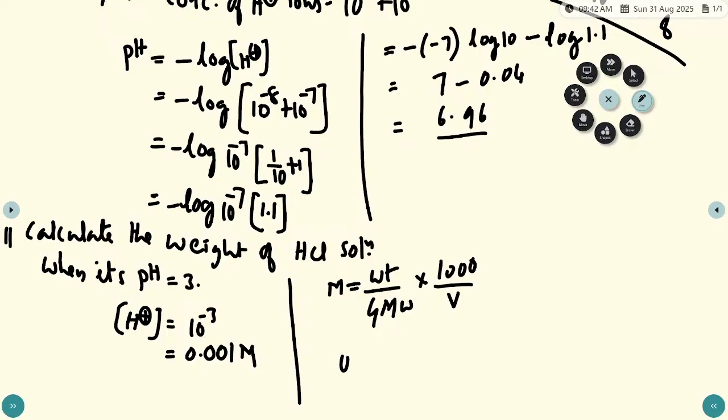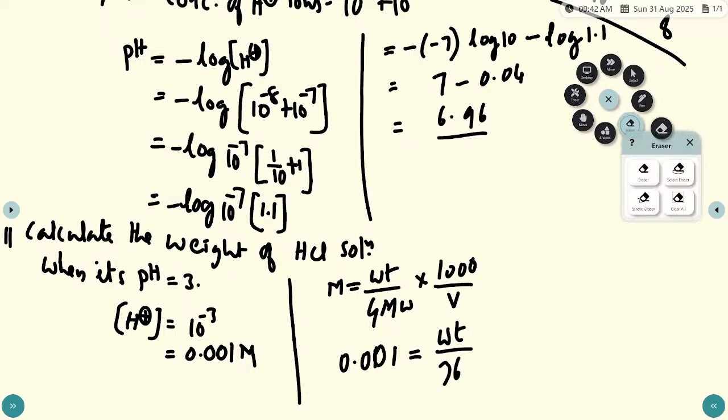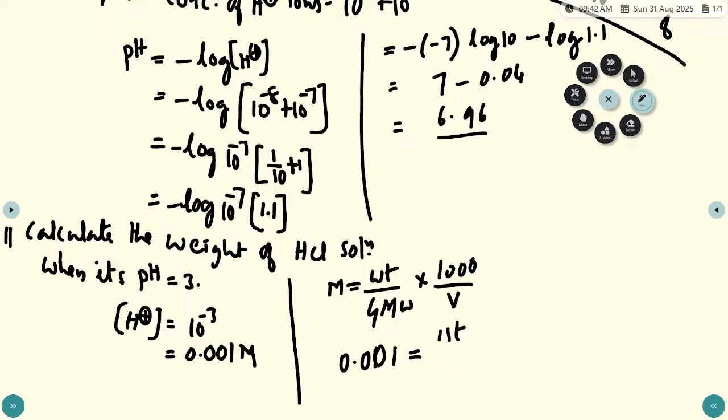Substitute that value: 0.001 is equal to weight, which we have to find out, by the gram molecular weight of HCl, which is 36.5, into 1000 by. So what is the volume of the solution?